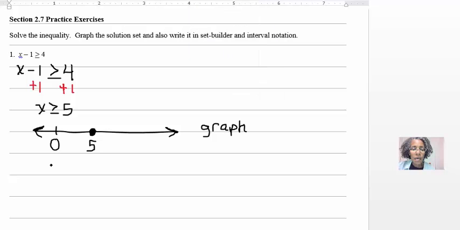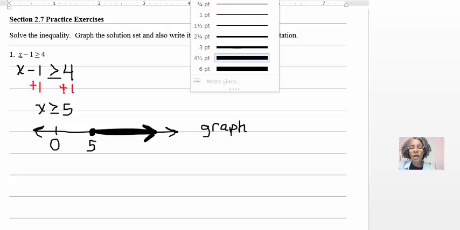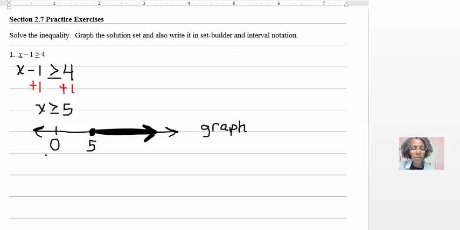And then I want to shade everything to the right of 5, because any number that's greater than 5 is to the right of 5. And that would be what my graph would look like of my solution set.